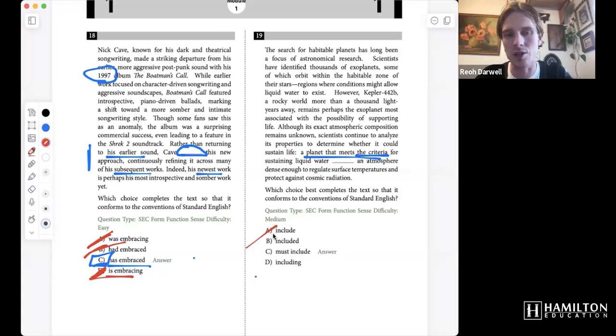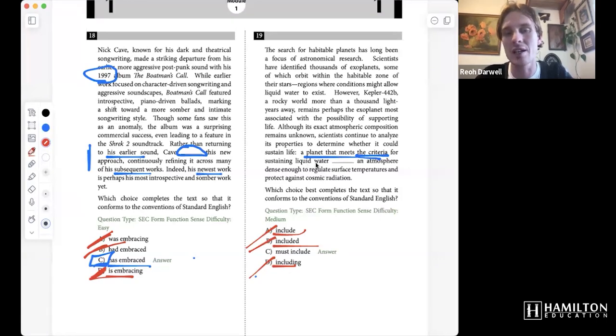Clearly include doesn't work because criteria and planet is singular and include goes for something plural, right? Included doesn't make sense because that's in the past tense. And is this in the past tense? No, it's in kind of this always tense, right? And then finally, including an atmosphere dense enough.